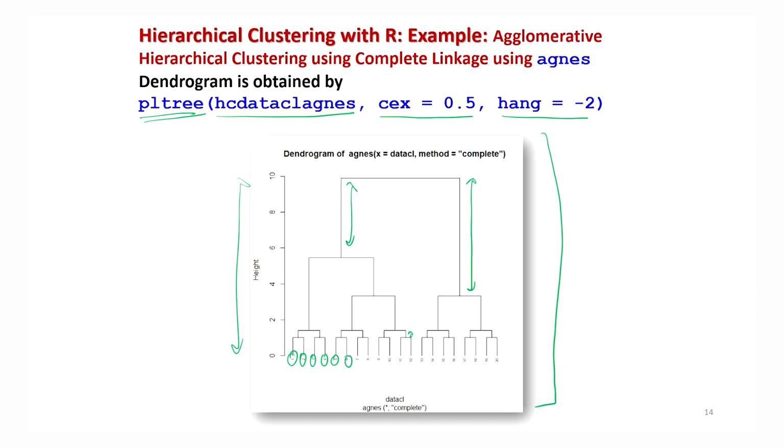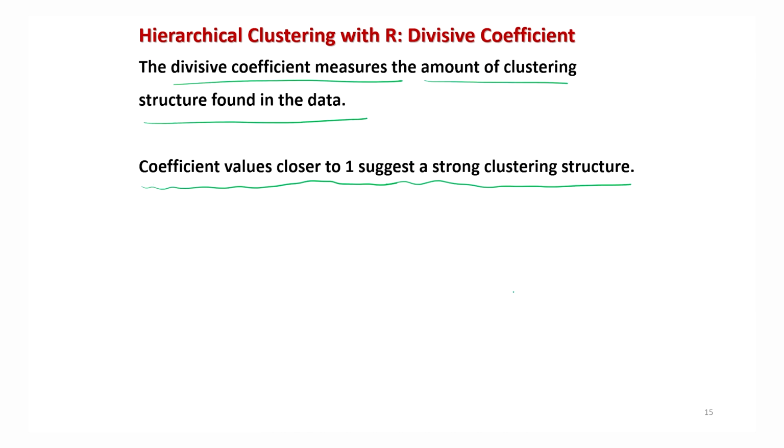At every stage, for example, this is club 1, this is club 1, and now both of them are clubbed at this point, and so on, right?